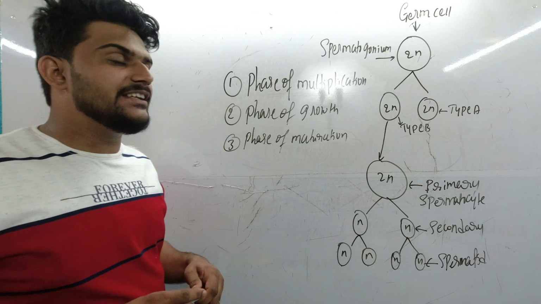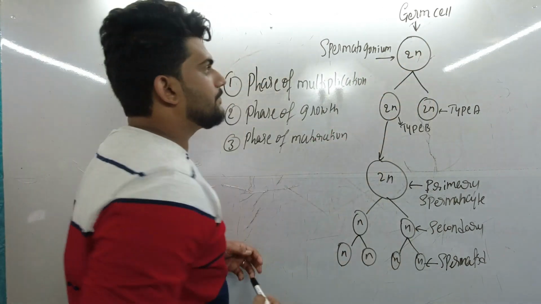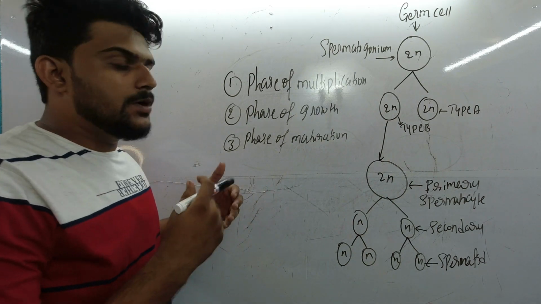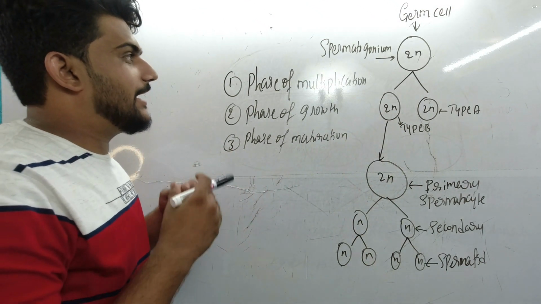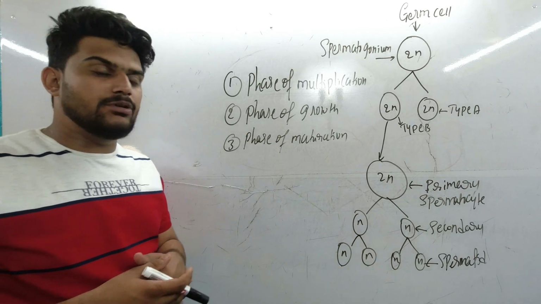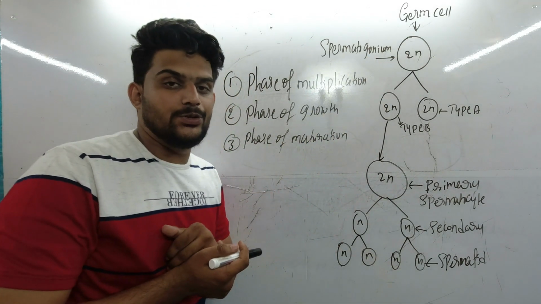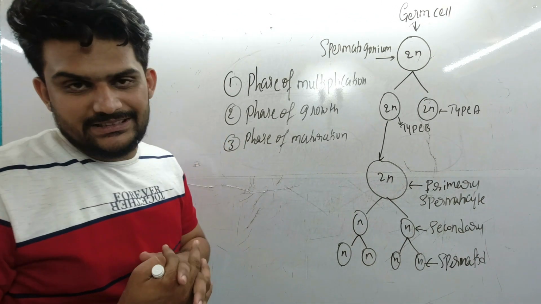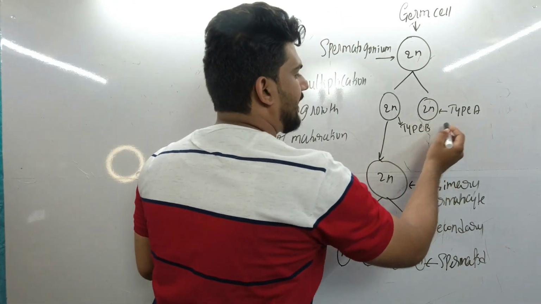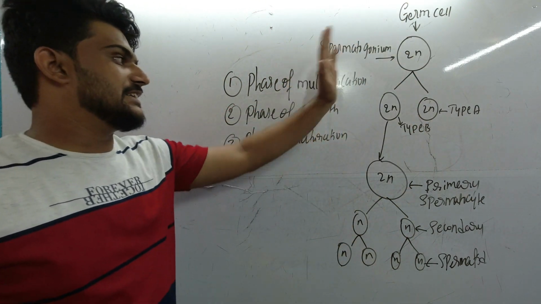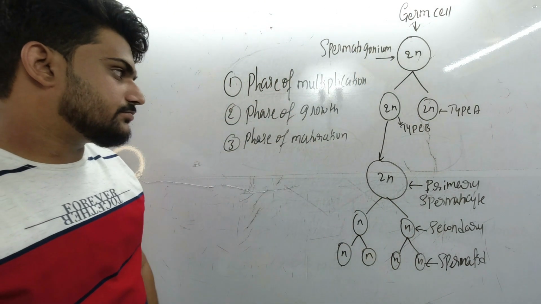The germinal epithelial layer, which you can see over here, is first going to divide by the process of mitosis. The whole diploid number of chromosomes, that is 2n equal to 46 chromosomes, are going to get divided through mitosis. Remember, only 2 cells are generated: type A and type B spermatogonium cells are generated from the germ cell, that is the germinal epithelial layer.